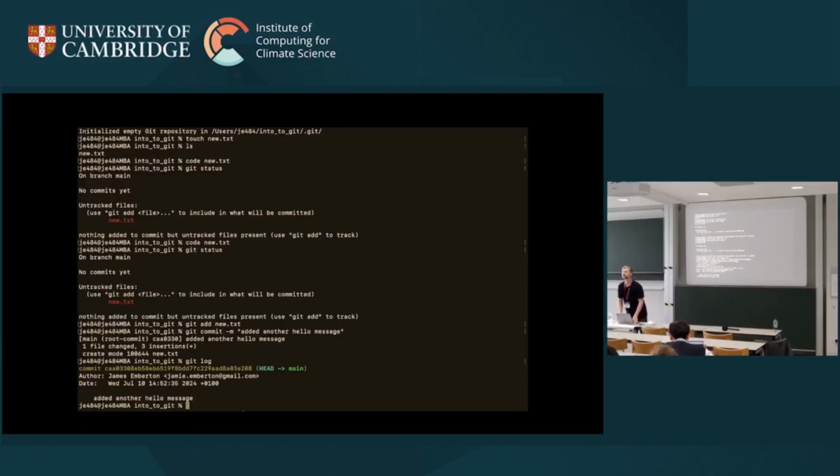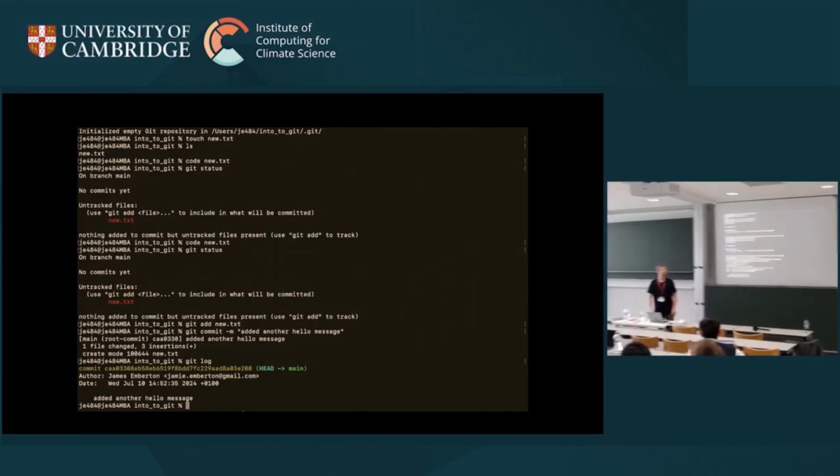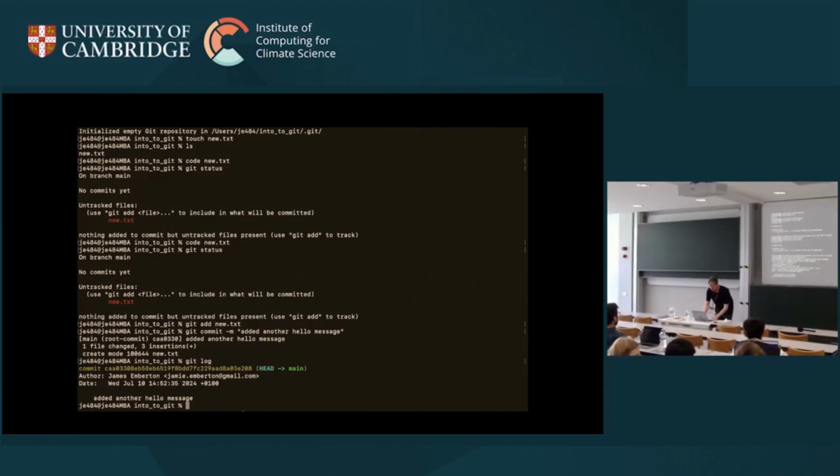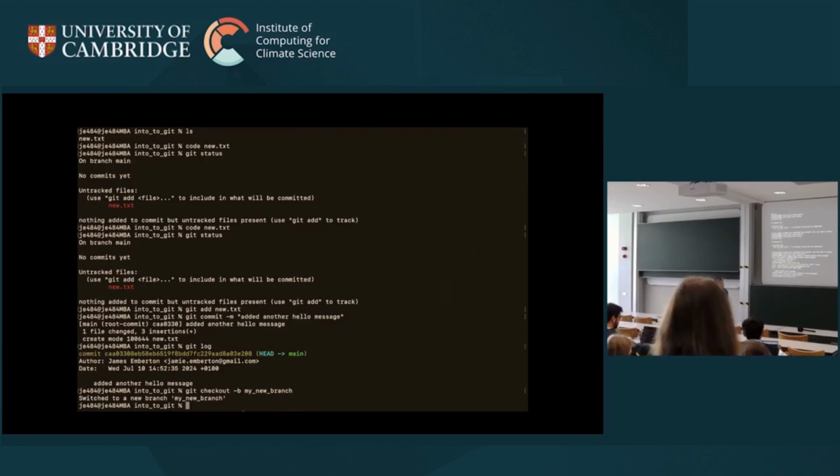Okay, so if everyone's mostly caught up with that point, what I'll do is just give you a quick demo. So I'm just going to create my new branch, and we've checked that branch out. And what I'll do is code new.txt.